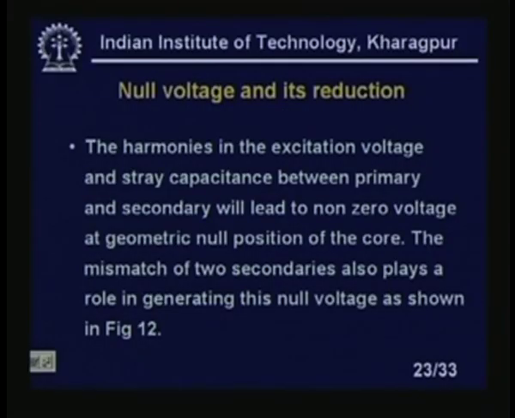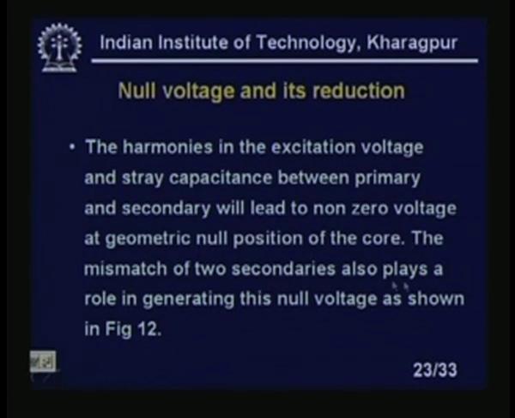This will create a problem: I won't get 0 voltage at the geometric null position. The harmonics in the excitation voltage, and stray capacitance between the primary and secondary, will lead to non-zero voltage at the geometric null position of the core.